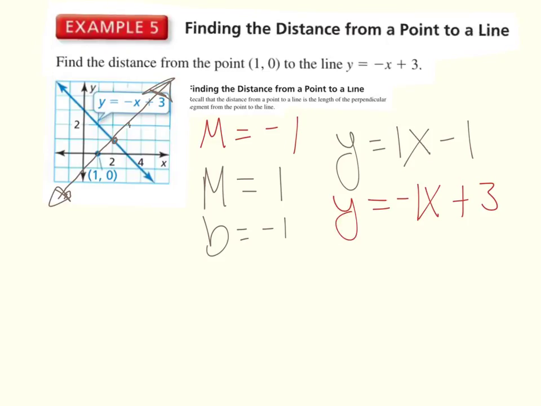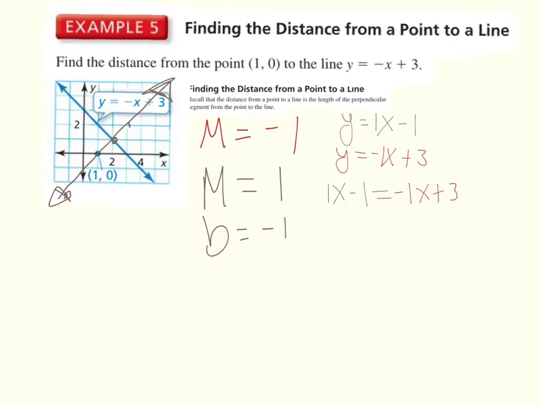So what we'll do is go ahead and do that right now. 1x minus 1 should equal -1x plus 3. Now to solve this, I'll try to make this a little bit smaller and go ahead and do out our work.